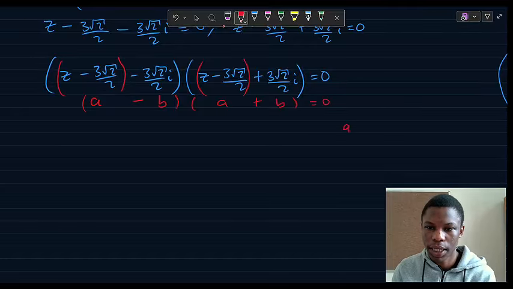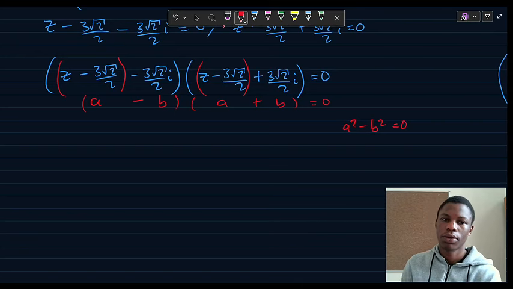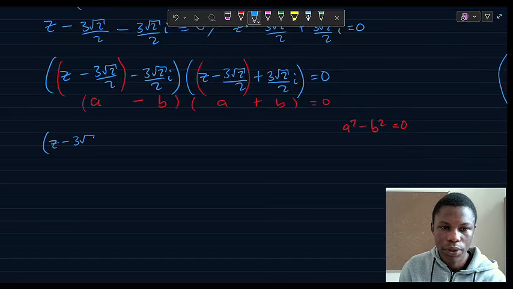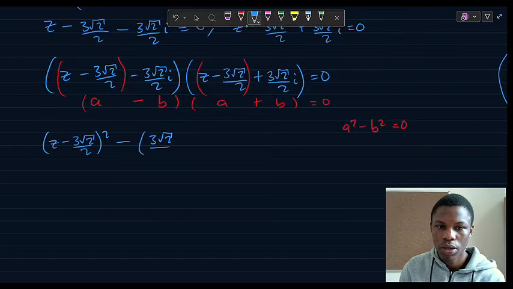So it should expand to a squared minus b squared is equal to 0. So that means that becomes z minus 3 root 2 over 2, and that's squared, minus the b, so 3 root 2 over 2i, and that is squared.